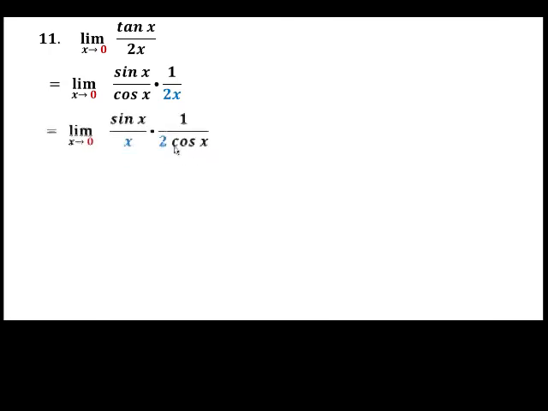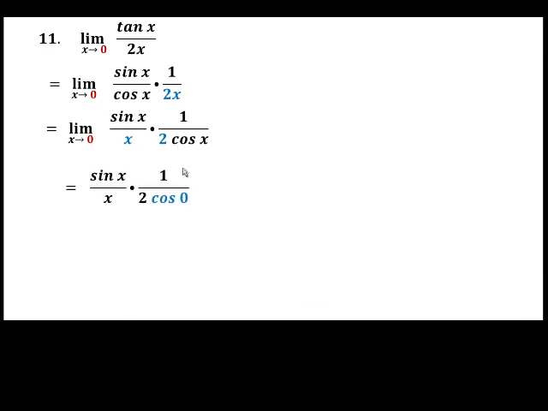Next, evaluate the limit of tangent x over 2x as x approaches 0. Now we can express tangent in terms of sine and cosine. Then rearrange so that x is over sine x times 1 over 2 cosine 2x, so that we can make use of the theorem of limit of sine x over x.